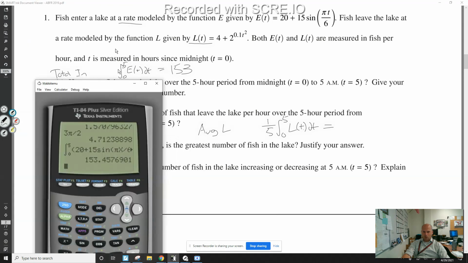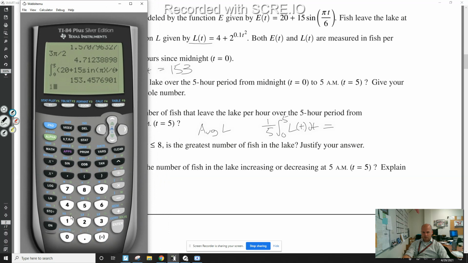They don't ask for a whole number, so you're going to provide the decimal rounded or truncated to the third decimal place. .059 fish per hour.